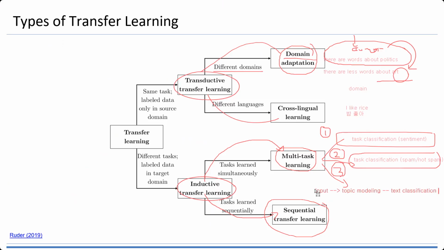So you will transfer each of these tasks. After you do the topic modeling, you transfer this one. After you do the text classification, you transfer this one. So this is the sequential transfer learning. You transfer on each step in the text analysis.